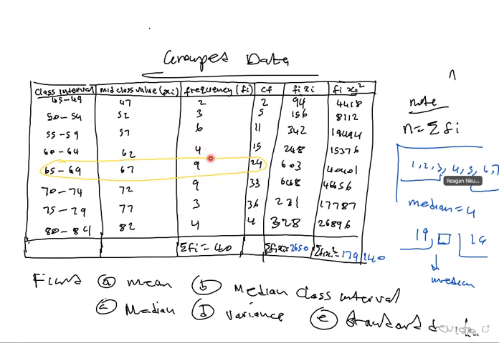When we add the next number, we expect that the 19th number will fall into this class interval. If we count from the bottom, this plus this plus this, we need to count 19 of them. So the median will fall into this interval. So this is the class where the median falls.